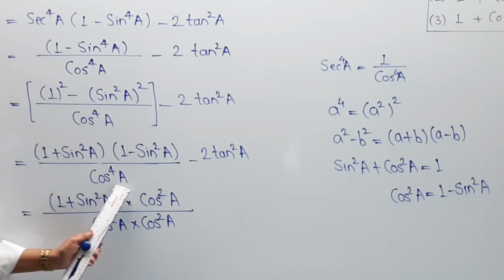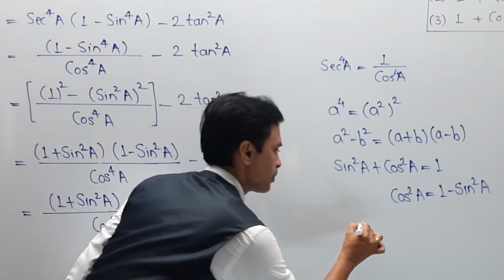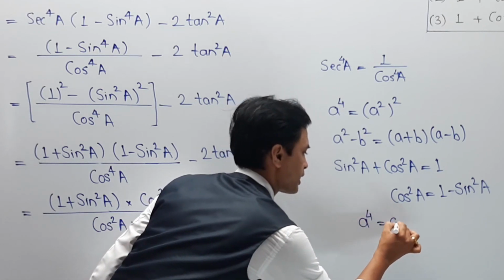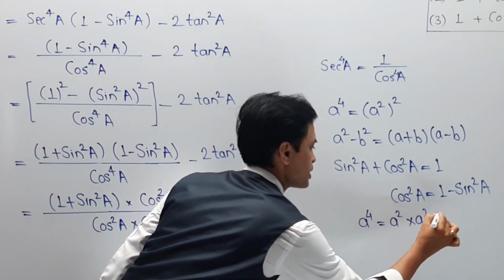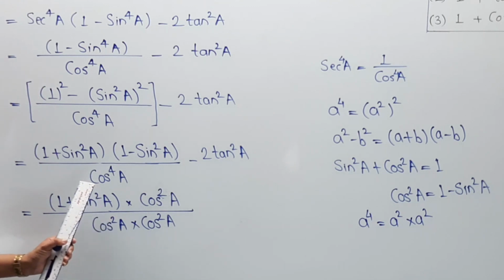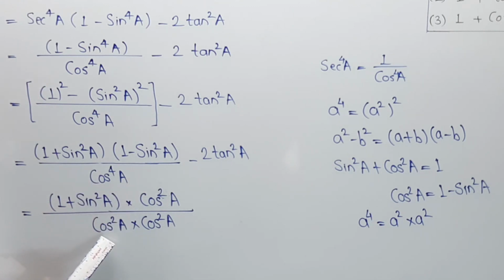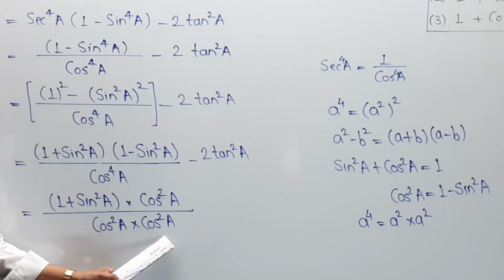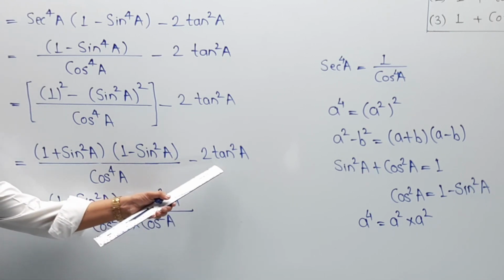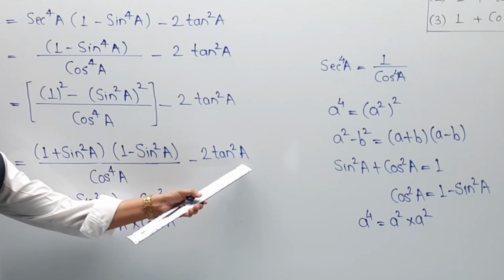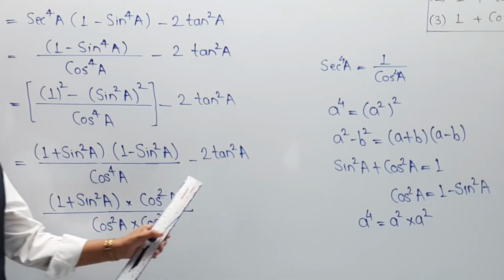What does it mean? If I have a raised to 4, I can write it as a square into a square. In a similar manner, cos raised to 4a is split as cos square a into cos square a.